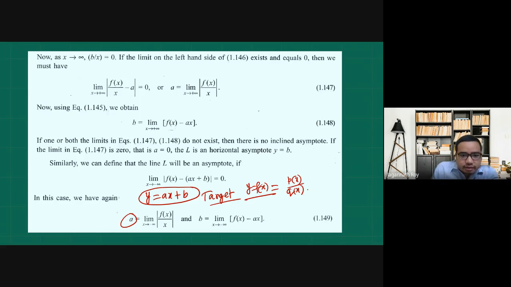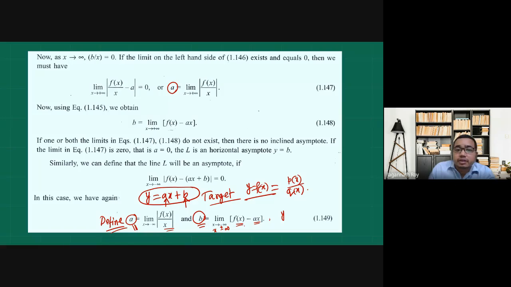Then we will define a as the limit of f(x) by x as x goes to plus minus infinity, and b, after finding a, with the help of a, we will define b as the limit of f(x) minus a into x as x goes to plus minus infinity. So once we get these two limits, a and b, we can directly substitute those values here. So we'll get the inclined asymptote.